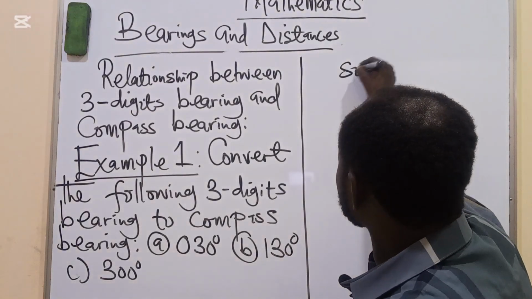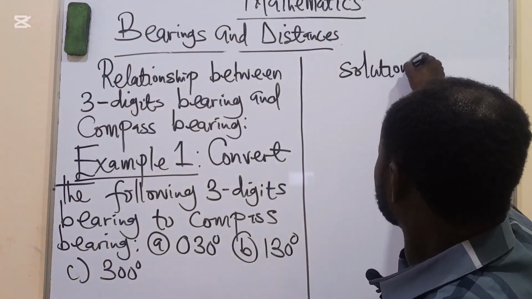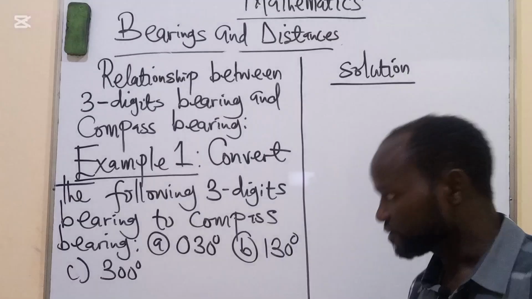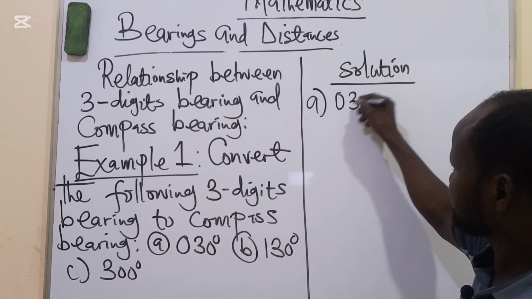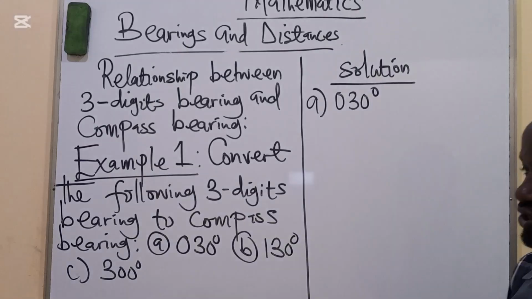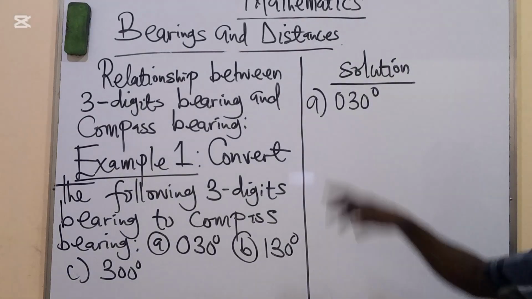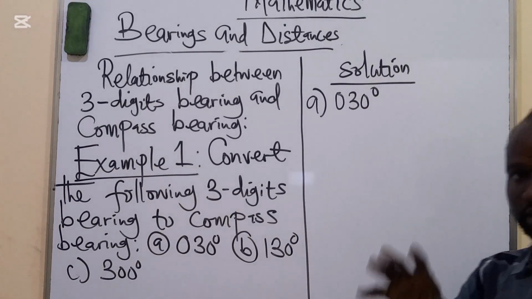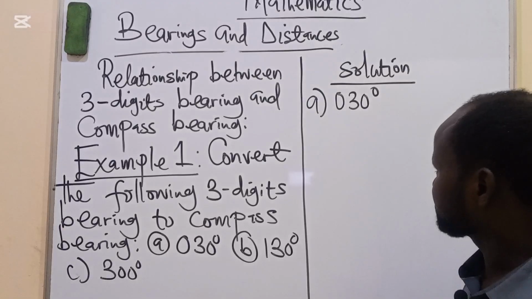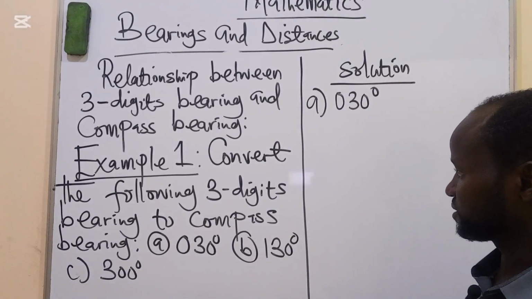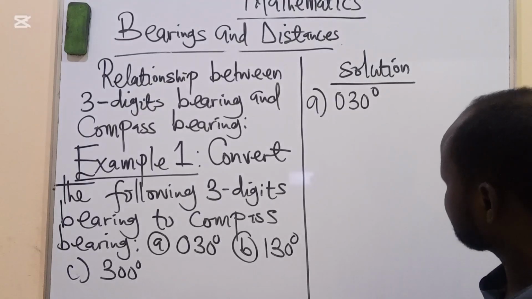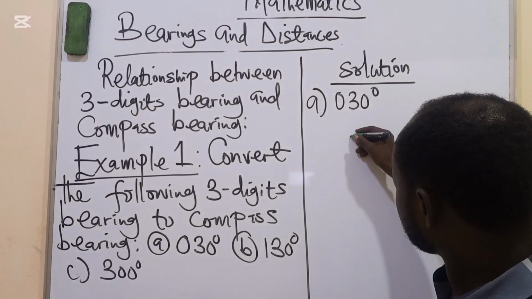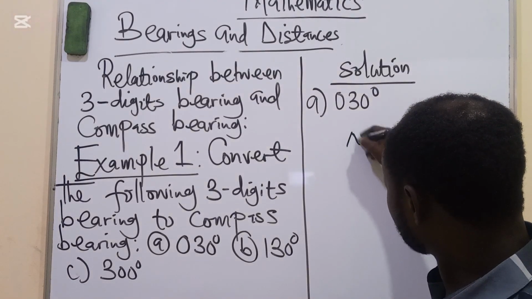Let's write down the solution. That's the first thing to do. Solution to A now. We have 030 degrees. This is a three-digit bearing. We are asked to write this in what? A compass bearing. Very important. To represent this in compass bearing, let's draw our cardinal points.